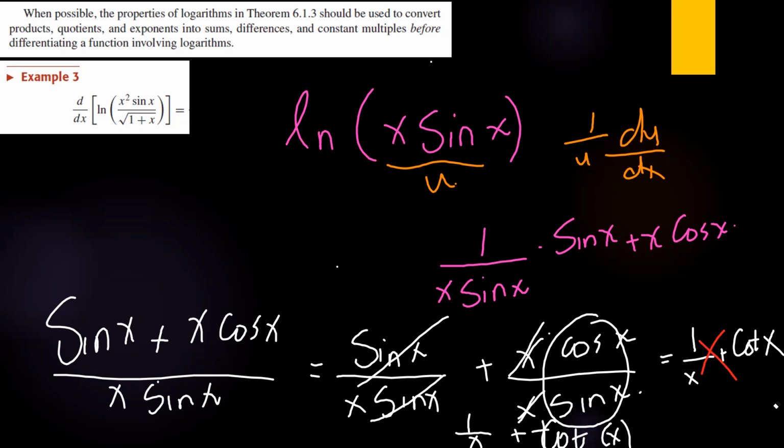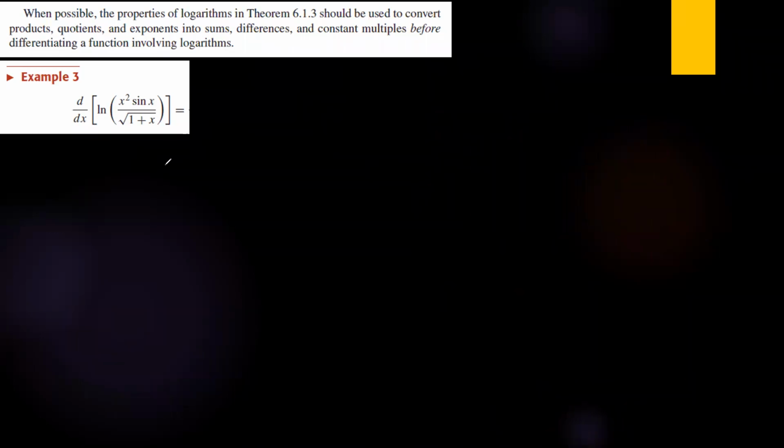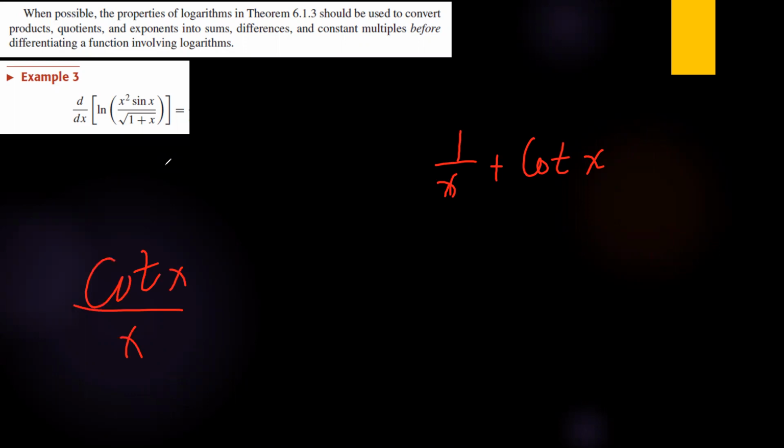So we get this answer, 1 over x plus cotan x. And the previous answer was cotan x over x.